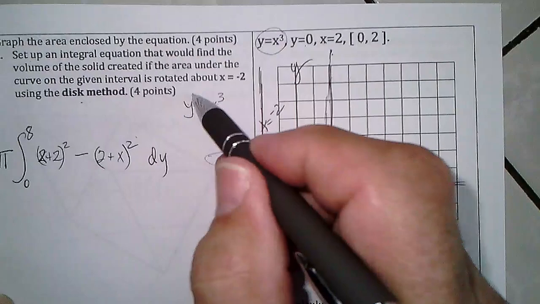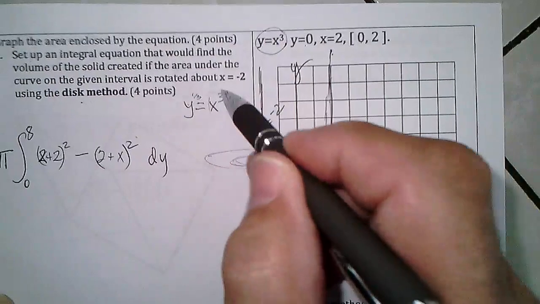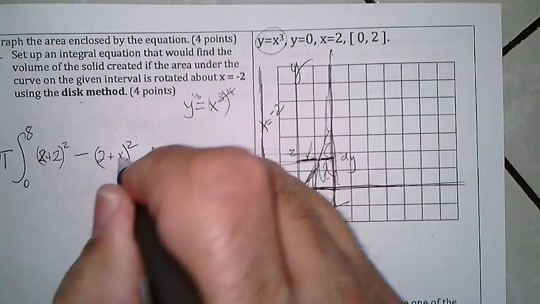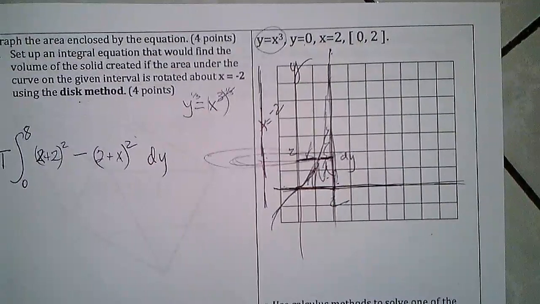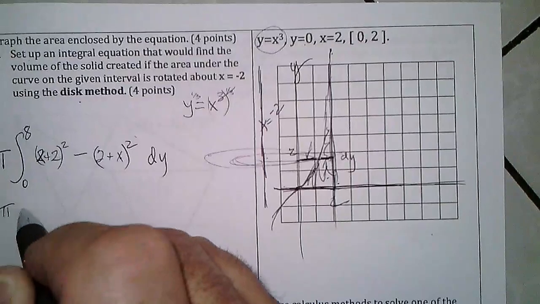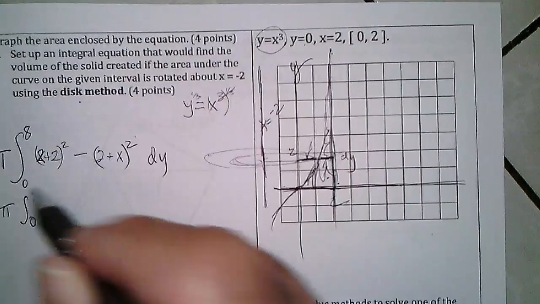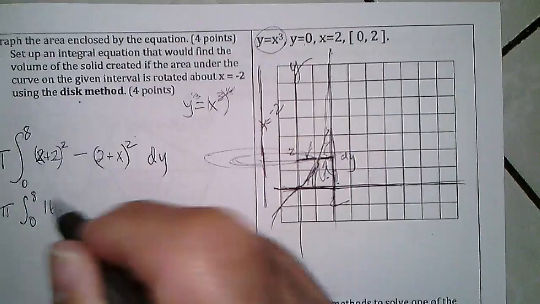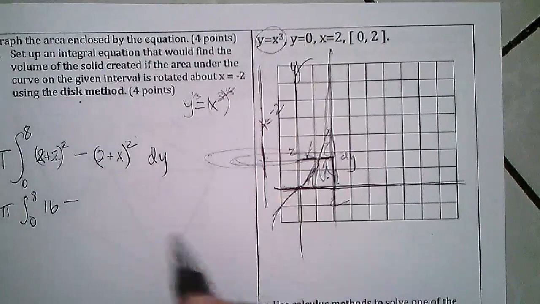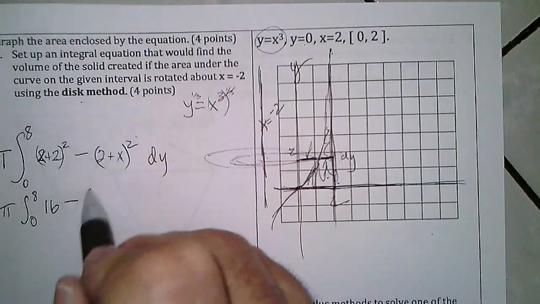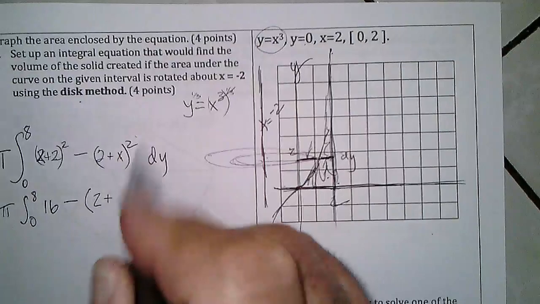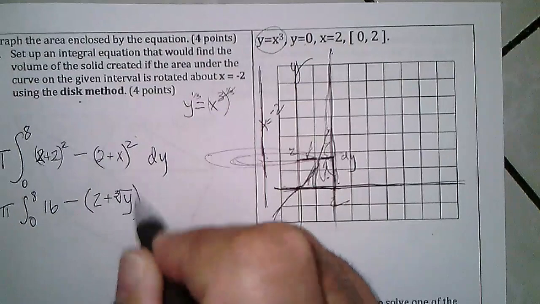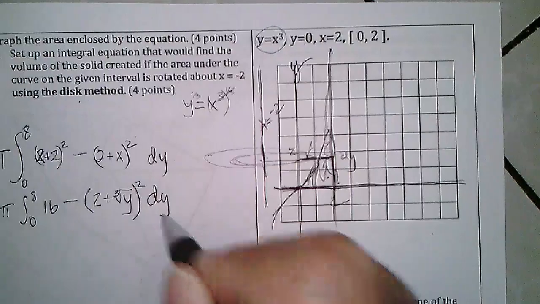If I take both sides to the 1/3 power, which is the cube root, that cancels, and I get y to the 1/3 goes in there. So I'd have pi integral from 0 to 8. 2 plus 2 squared is 4 squared, 16, minus parenthesis 2 plus the cube root of y squared dy.